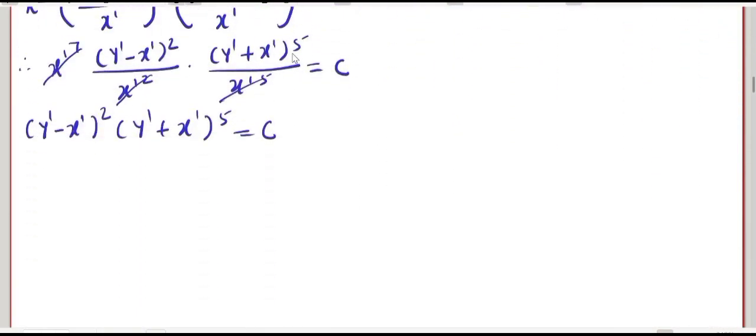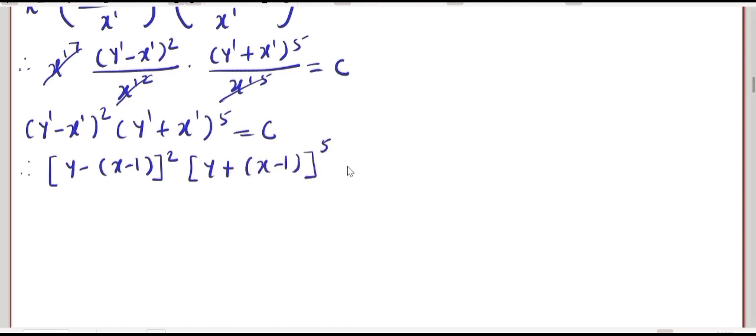So substituting these values here, we get (y - x - 1) square into (y + x - 1) raised to 5 is equal to c.